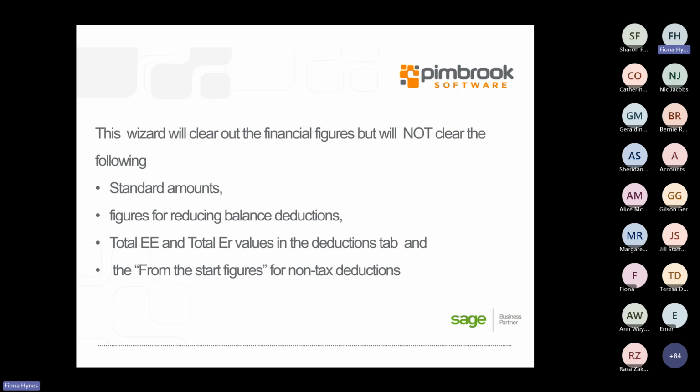So if you wish to clear out any of these, then you can skip this wizard and do the financial clear down from the drop-down year-end menu as we used to do. You'll find notes on how to do this on page 46 of your booklet, but we will go through this before we finish today.